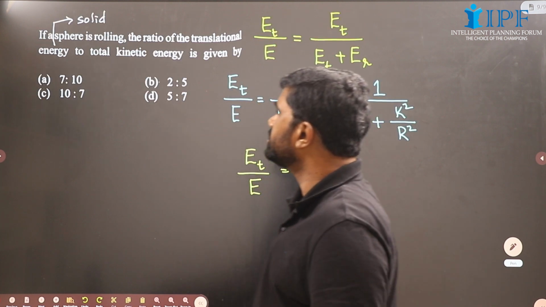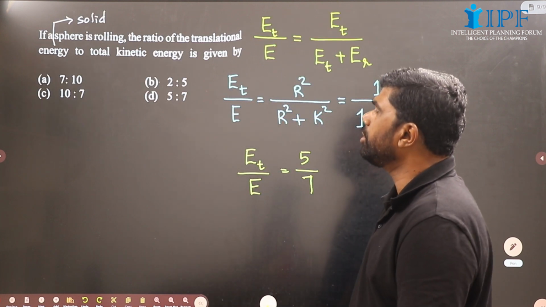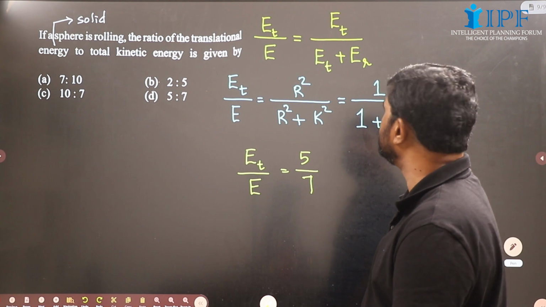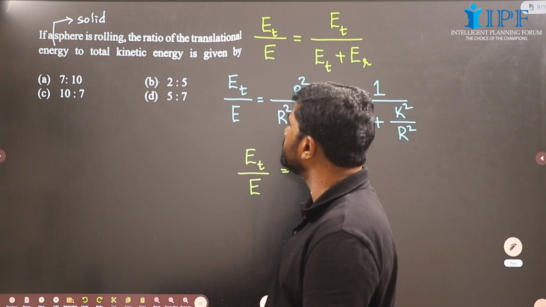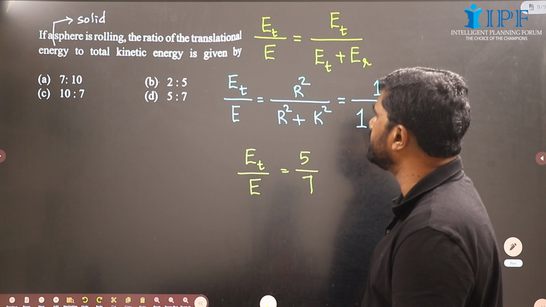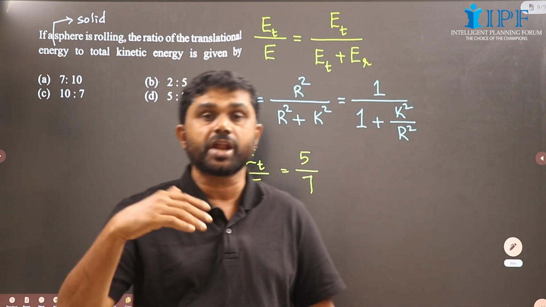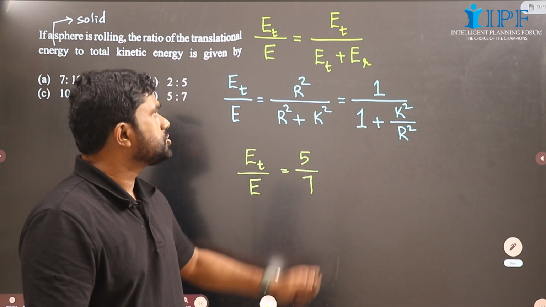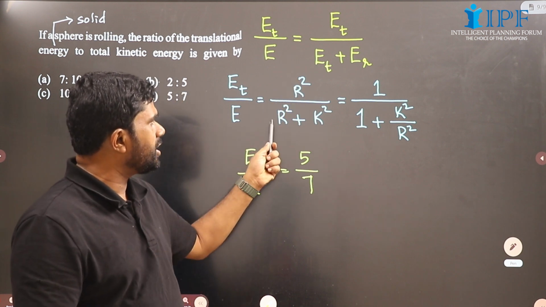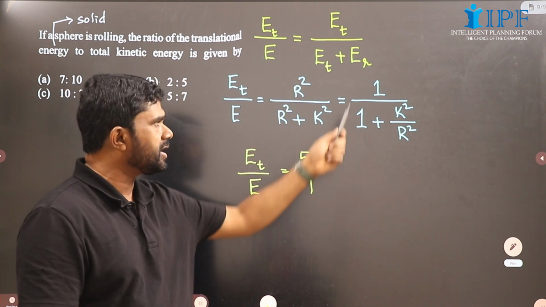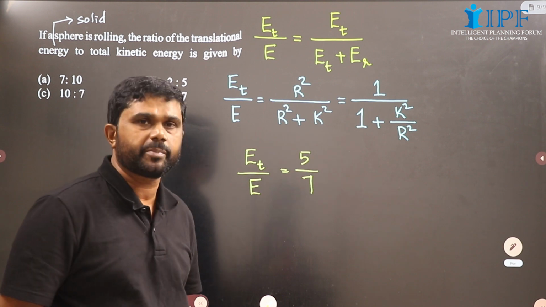Next, if a solid sphere is rolling, the ratio of translational energy to total kinetic energy means translational divided by translational plus rotational. So r square divided by r square plus k square, or we can write 1 divided by 1 plus k square by r square.